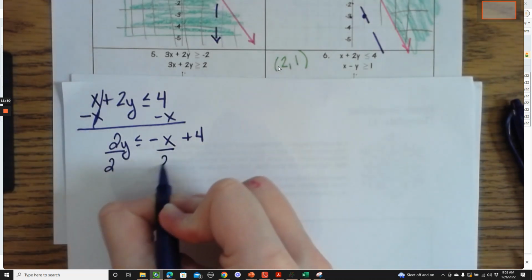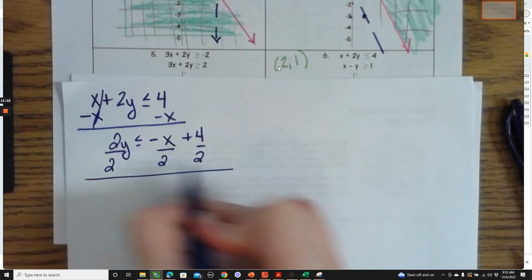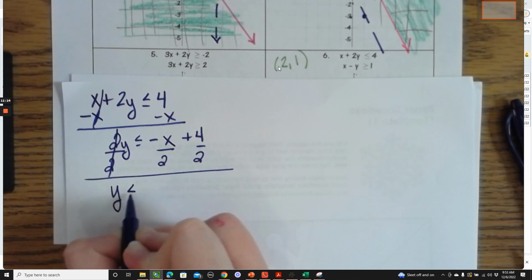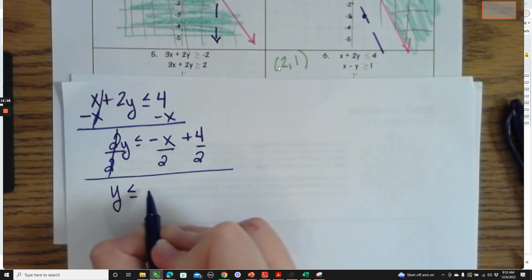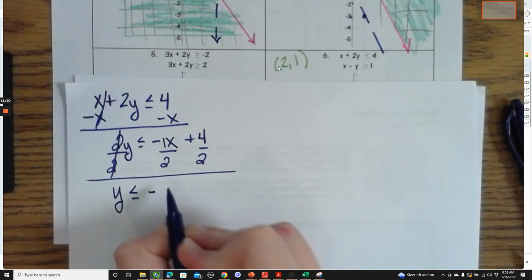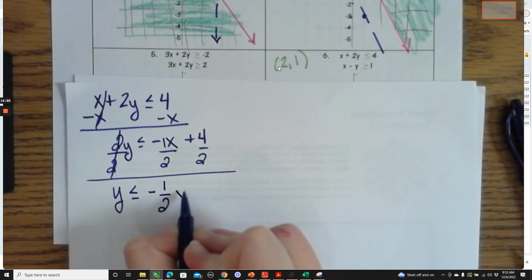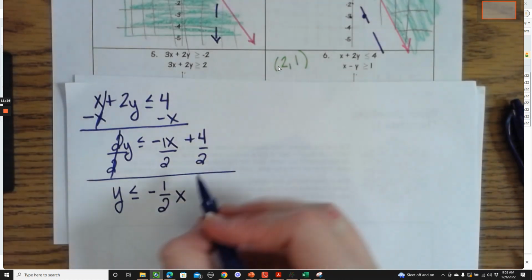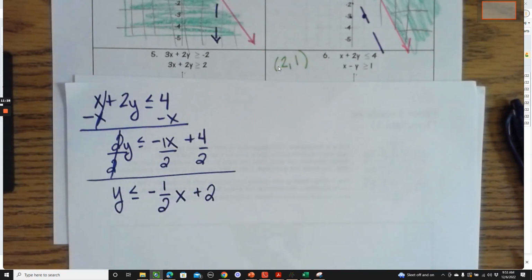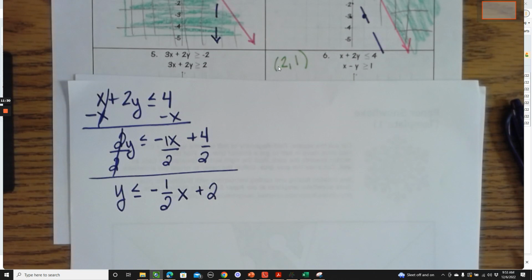Everything gets divided by 2. Okay, so some refreshers here. Negative x over 2. There's an invisible 1 here. So I'm going to pull the 1/2 out and tack the x on. 4 over 2, if you type that in your calculator, simplifies to 2.